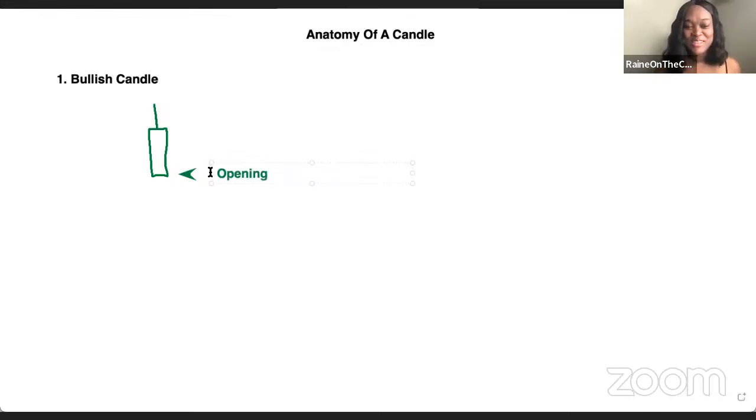This is the opening right here. And here you have the closing. Okay.